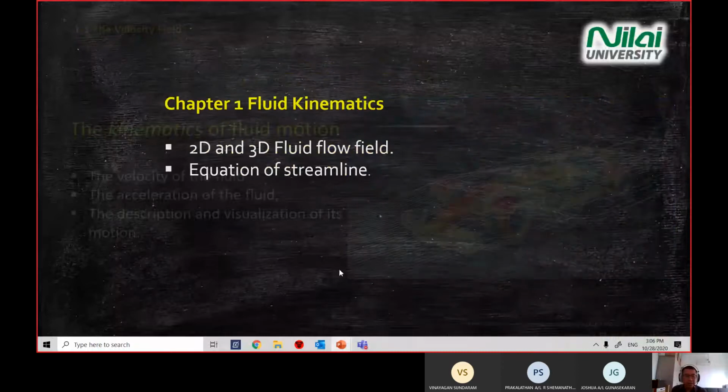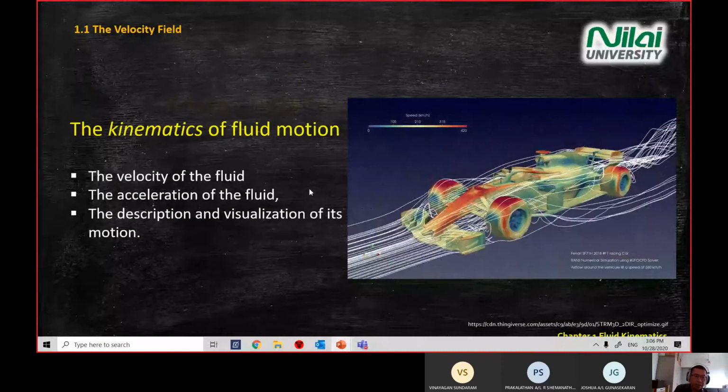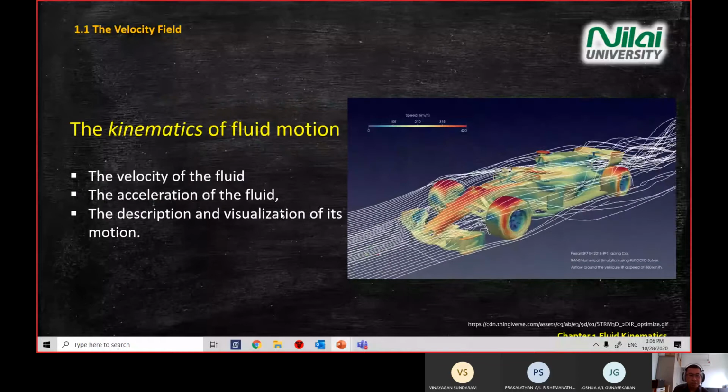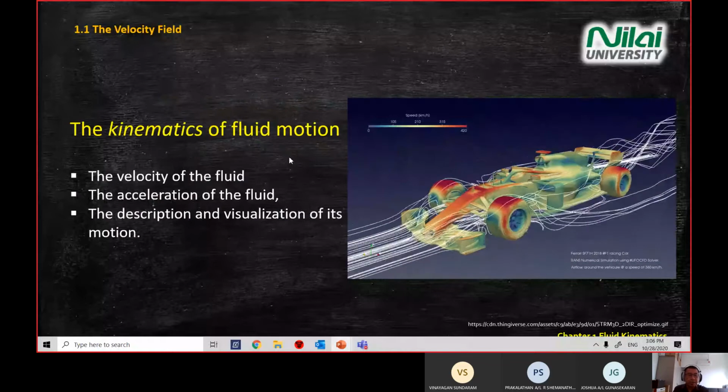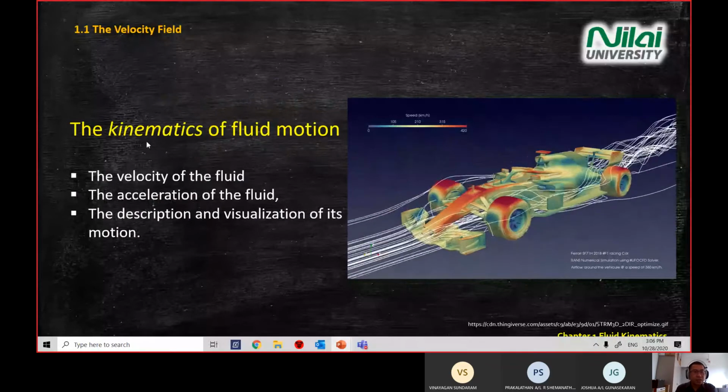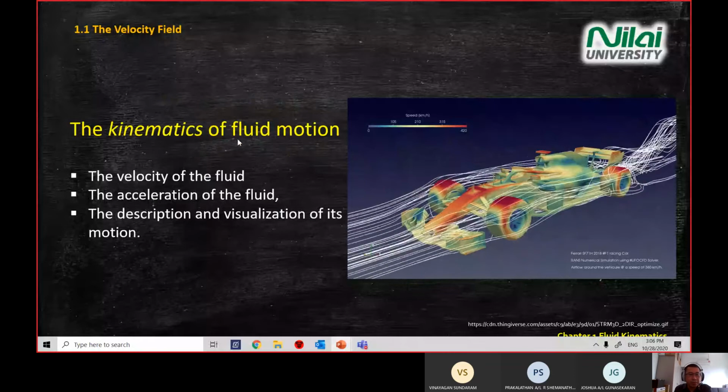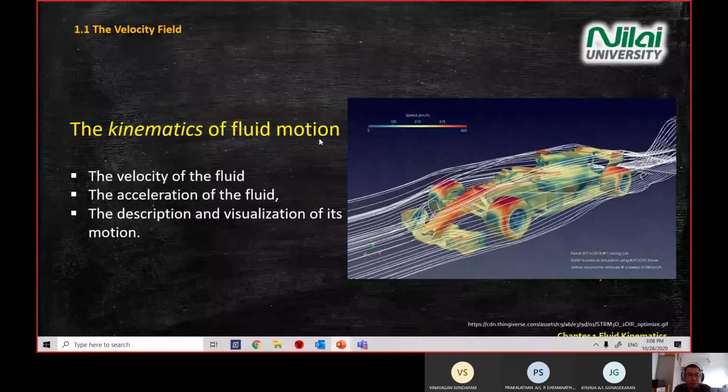Okay. Now, just now we mentioned that we have 2D and 3D. Normally in fluid mechanics, there is a term called kinematics of fluid motion. On the slide here, you see a picture of a 3D simulation of an F1 sport car, and you see white lines here.